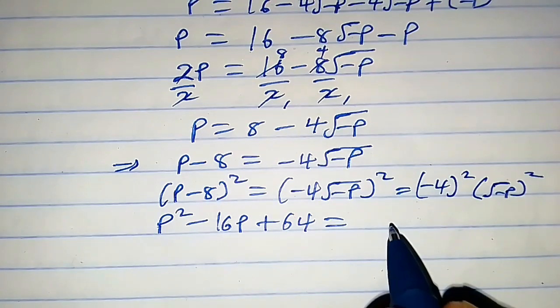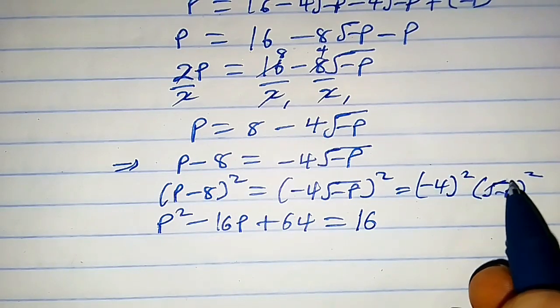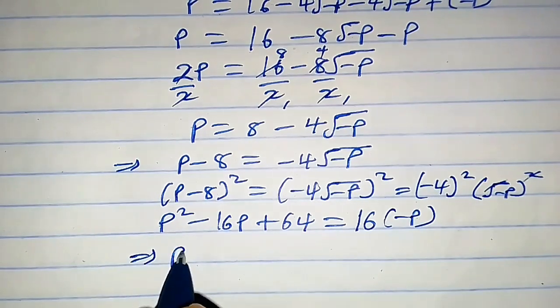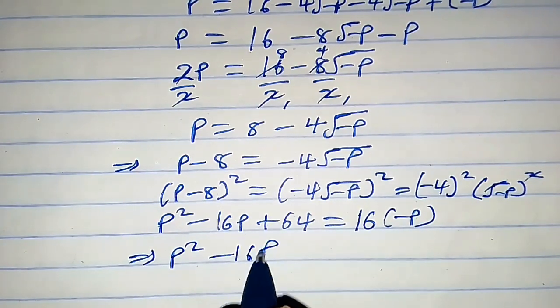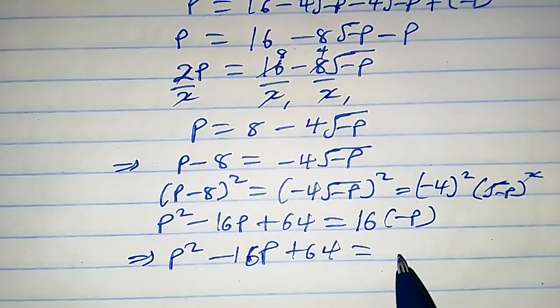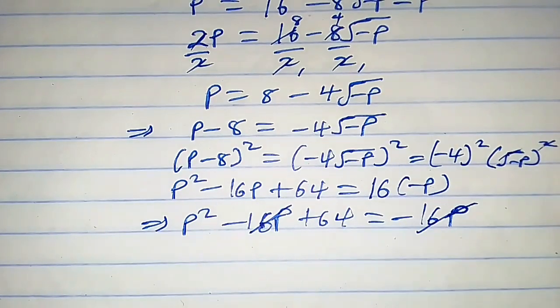So minus 4 all squared, that is just 16, times this square root takes care of these two, so we have minus p. This implies that we have p squared minus 16p plus 64 equals 16 times minus p, that is minus 16p. Clearly, minus 16p cancels minus 16p.